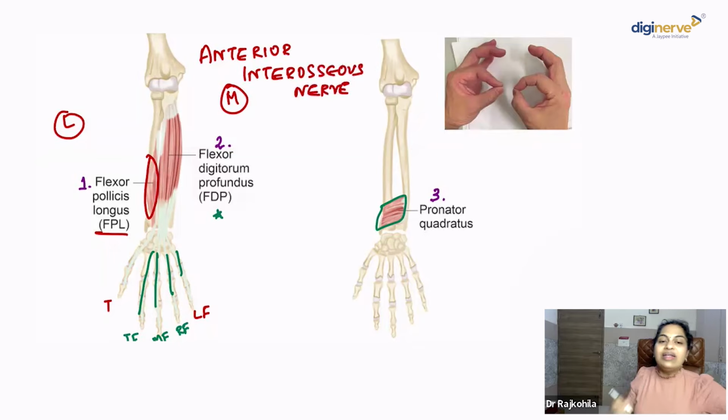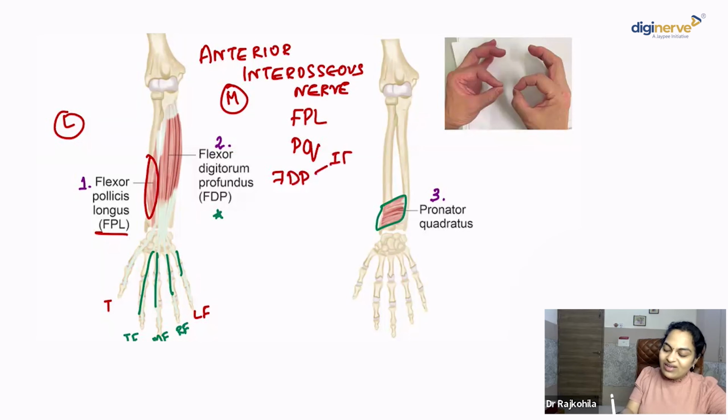Right? So this anterior interosseous nerve, it innervates flexor pollicis longus, pronator quadratus, and flexor digitorum profundus tendon to the index finger and the middle finger.